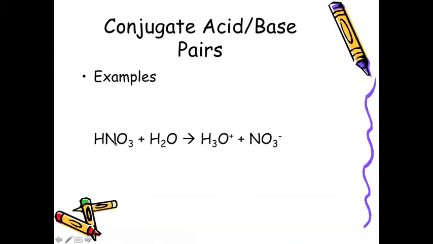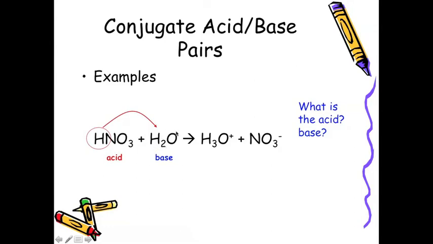As an example, you've got nitric acid plus water goes to H3O plus and NO3 minus. Figuring out which is the acid or the base has to do with the composition of whatever you have over here. So notice you've got an H at the beginning, making this an acid. If the HNO3 is the acid, the other thing that's right next to it is the base.